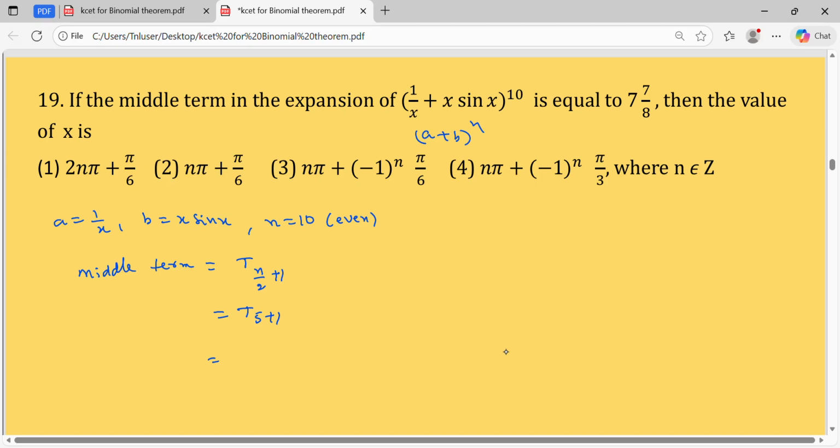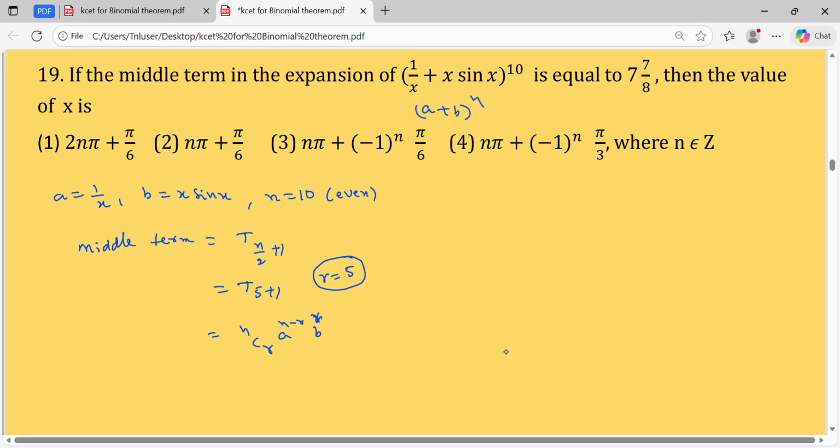Now T r plus 1, r value equals 5, n equals 10. Now find out the middle term: nCr, a power n minus r, b power r. So here r equals 5, n equals 10, a equals 1 by x and b equals x sin x.